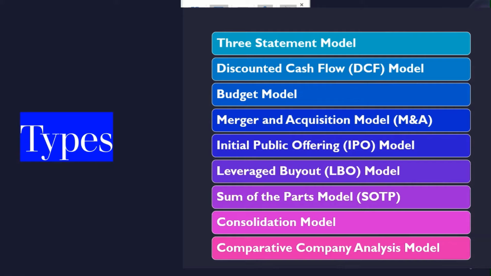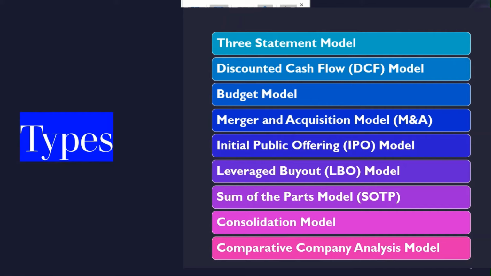The other important financial model is the discounted cash flow model. As the name itself suggests, we consider discounted cash flow, the sum of the future cash flows that a company is going to generate. We have seen some example in our previous videos of my video series, but we will again discuss this model in detail.